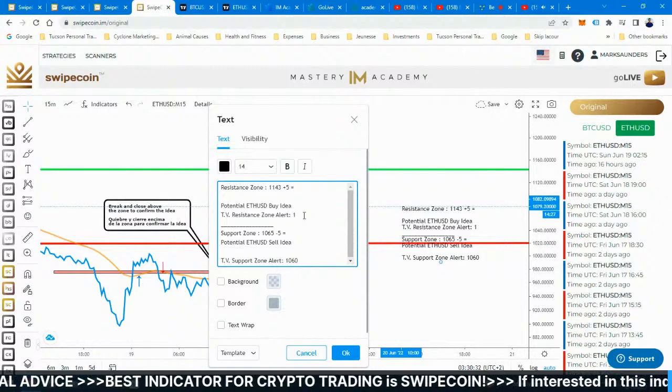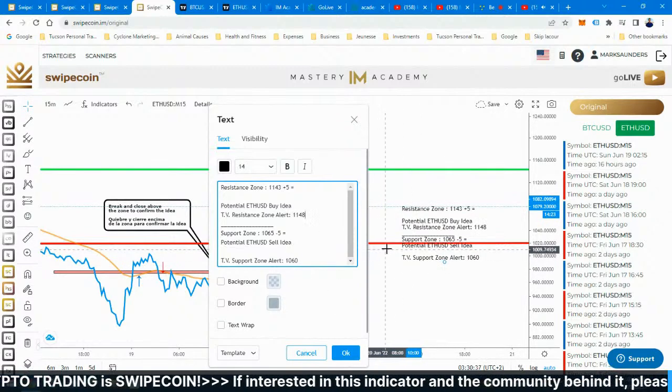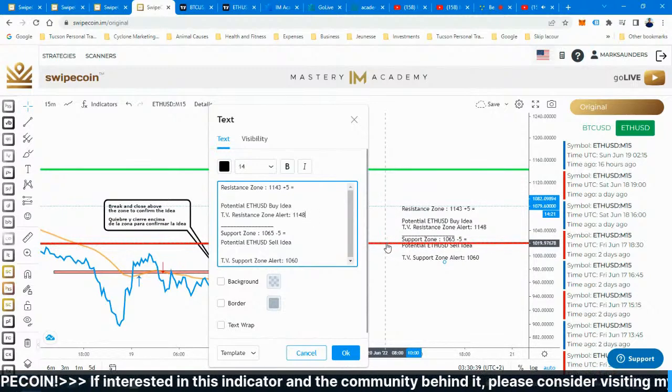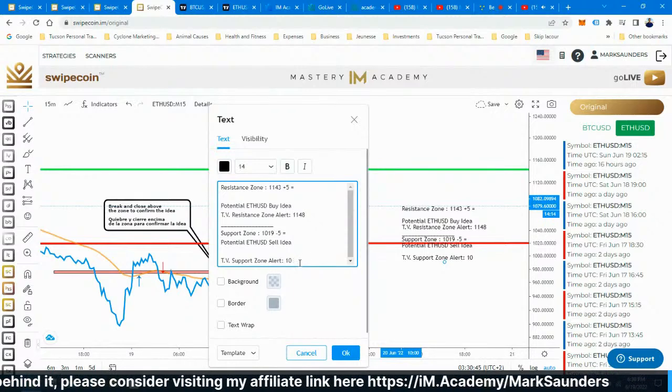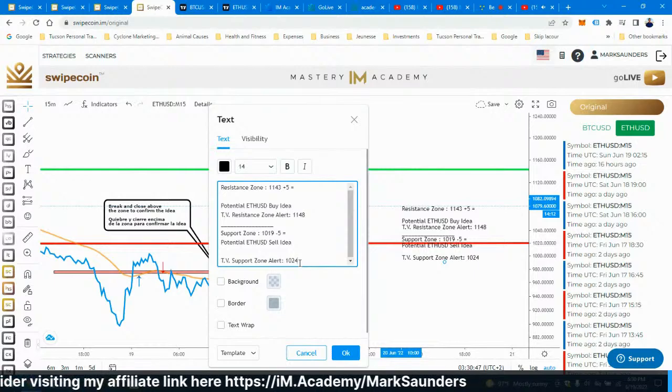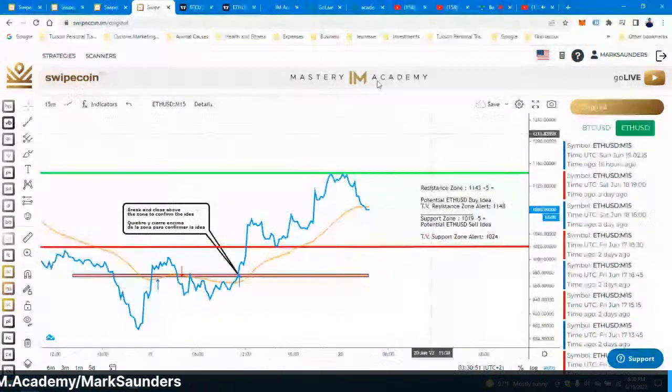Get that cushion, 1148. And then on the support, it's going to be 1019. These are just my numbers. Doesn't mean it's right or right for you. 1024 is my support zone. Okay. All right. I'm going to save it.